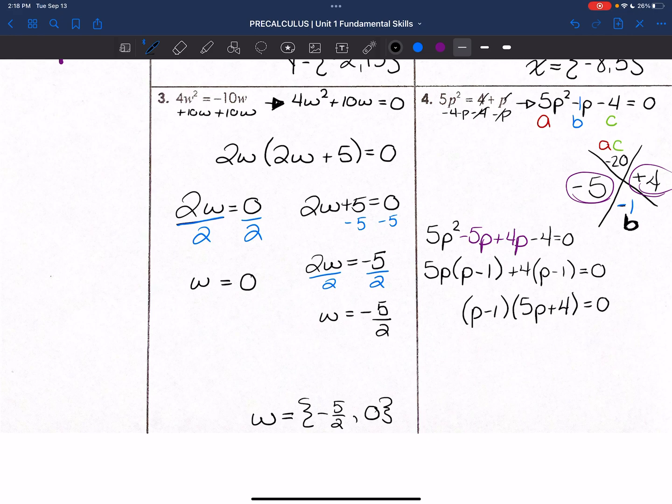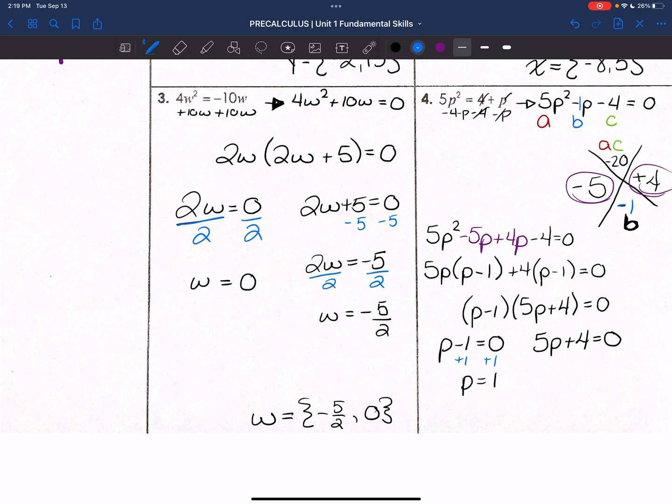So using our zero product property, that means that P minus 1 is equal to 0 and 5P plus 4 is equal to 0. Our values of P that make our equation true, well, if I add 1 on each side, that gives me my P value of 1.